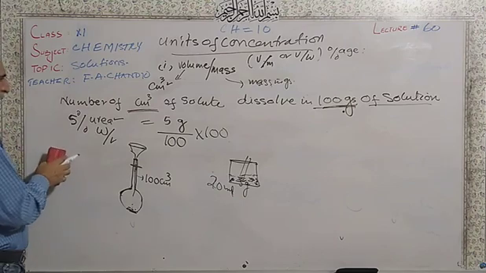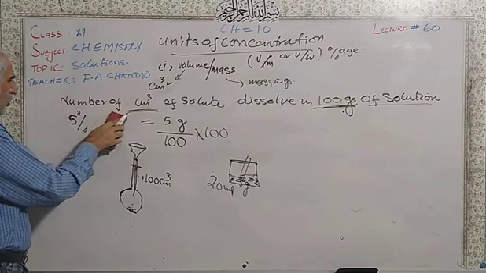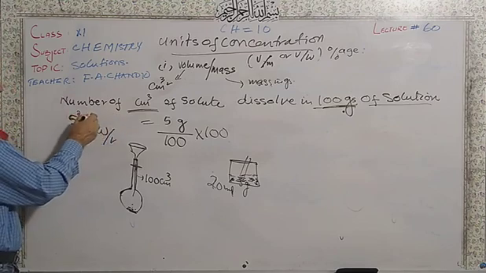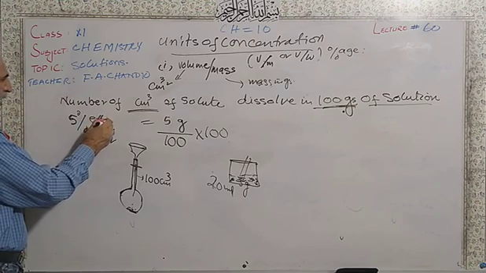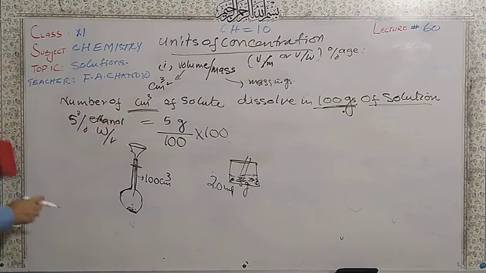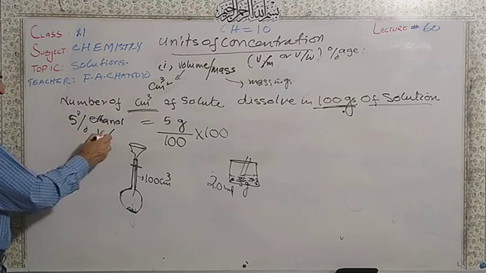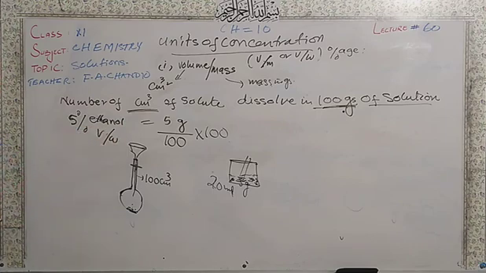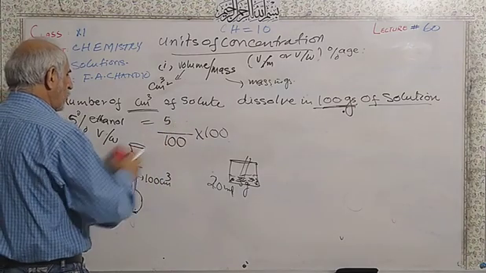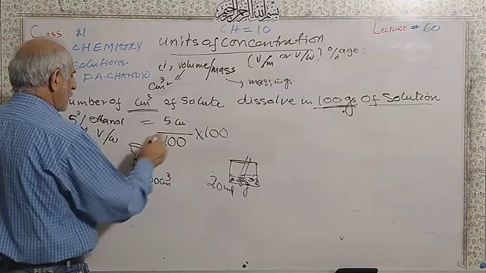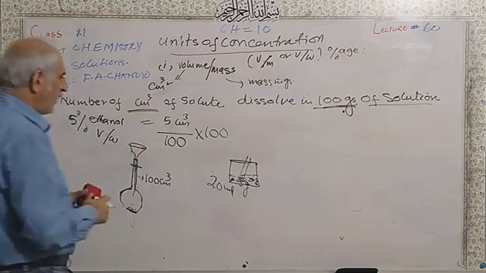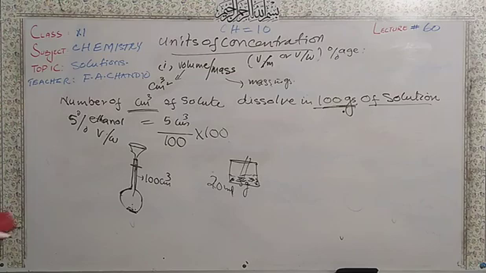So if you are going to prepare a 5% solution of ethanol by using volume to mass, then you have to take 5 centimeter cube of the solute.